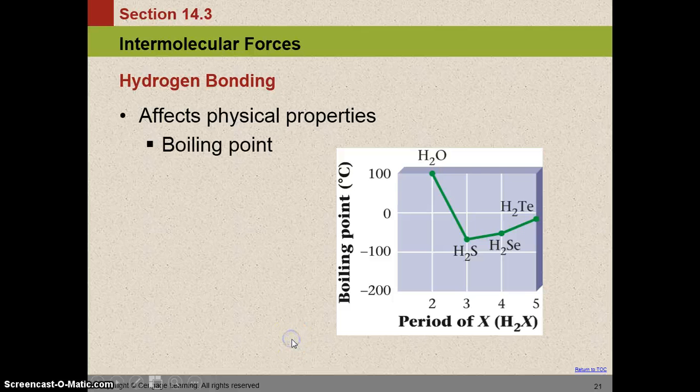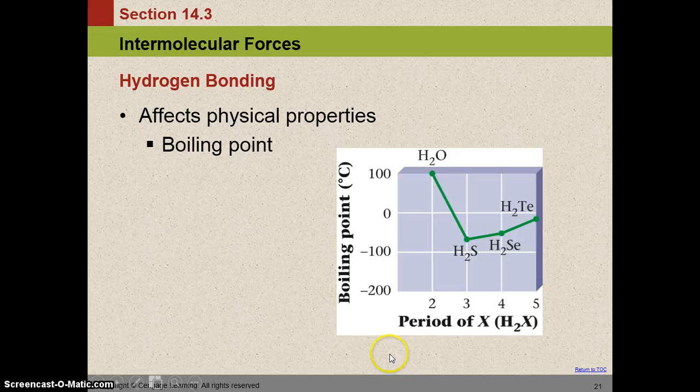Hydrogen bonding affects the physical properties. It affects the boiling point. So we have a high amount of hydrogen bonding happening between water molecules. Now there's hydrogen bonding between hydrogen sulfide and hydrogen selenide as well, but the big difference is the electronegative values of these elements.